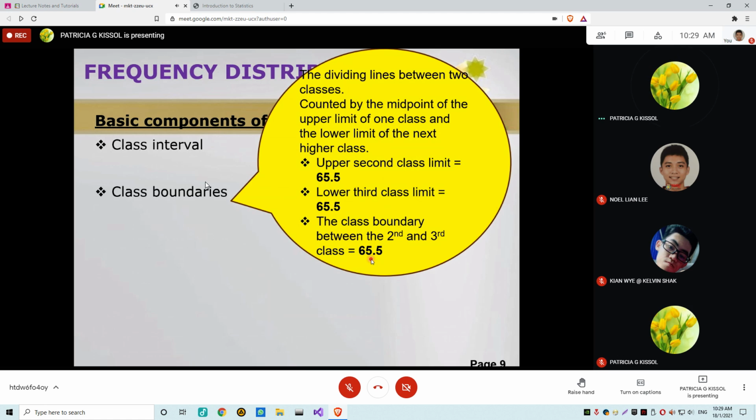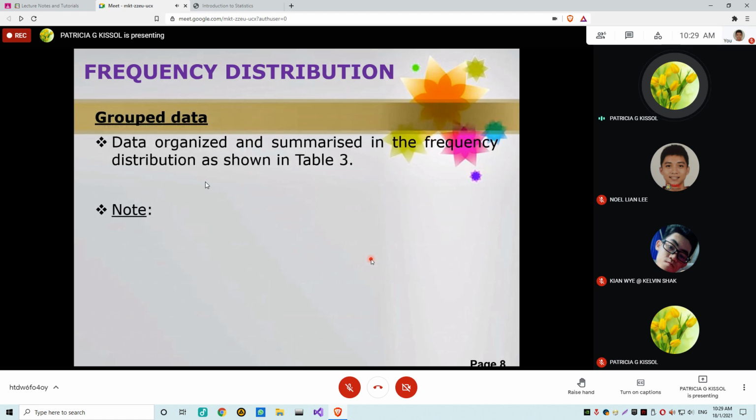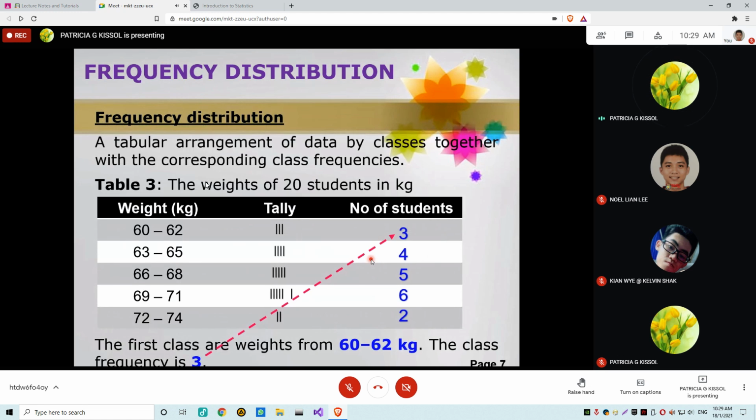Let me go back here just in case you're not clear. You see, it's between here. This is the second. This is the third. So the second here is 65. The next one is 66. There is a gap. So the class boundary is 65.5. So when there is a gap, you take the midpoint. Is that clear?